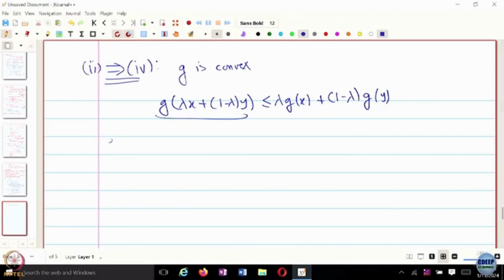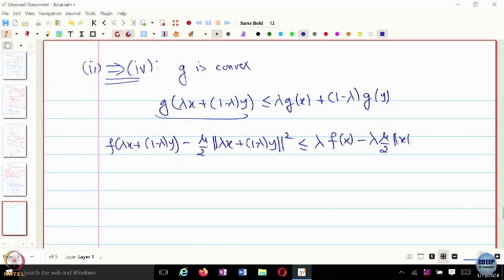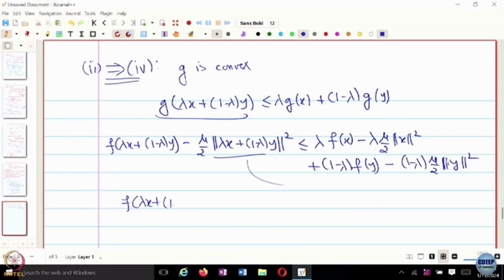By definition this is nothing but f of lambda x minus mu over 2, and if I expand this using the definition of g, and take this term to the right hand side and do some simple algebraic manipulation, you can show that this is less than or equal to lambda f of x plus 1 minus lambda f of y. So we are done.